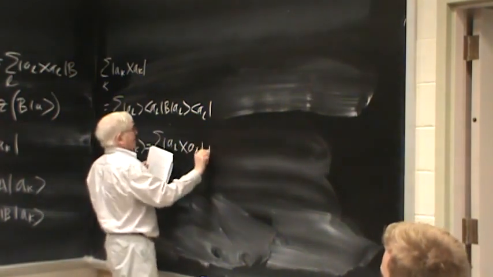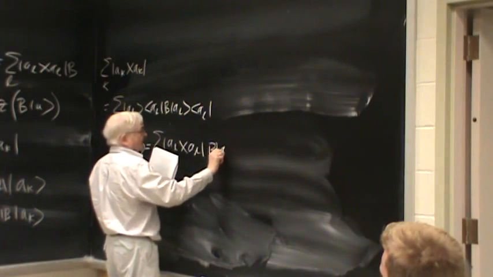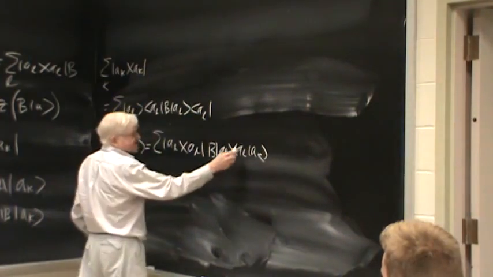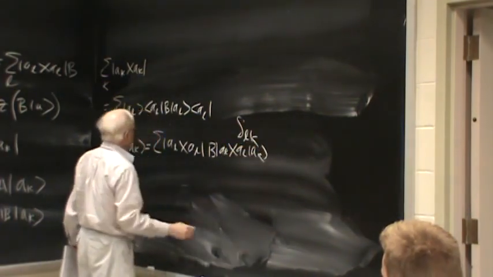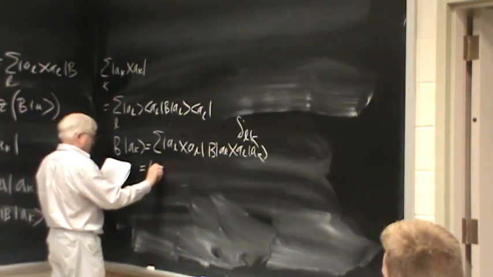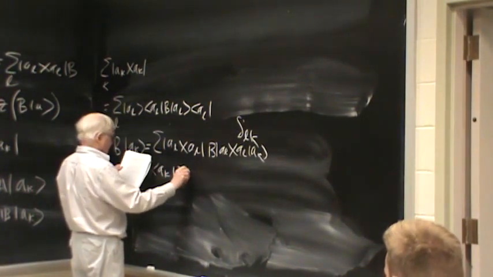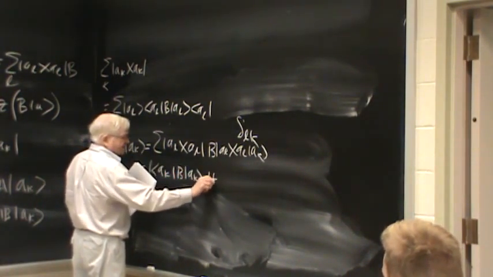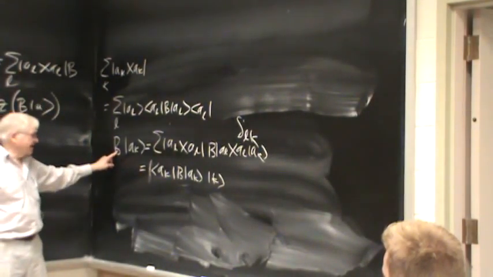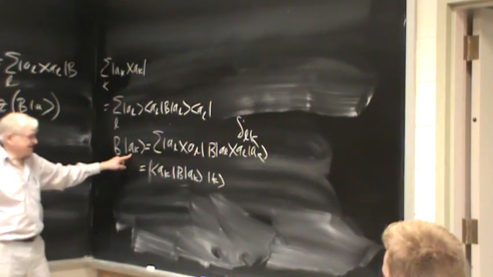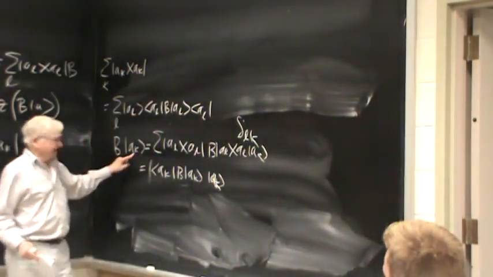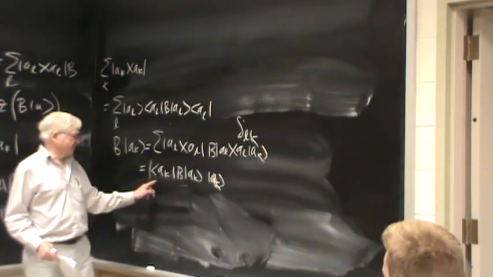Moreover, B on A_K would be this sum, <A_L|B|A_K>. This is delta_LK, and so this gives you <A_K|B|A_K> times state K. So in this case, where the eigenvalues of A are non-degenerate, B, which commutes with A, maps any of the eigenvectors of A into other eigenvectors with these eigenvalues.